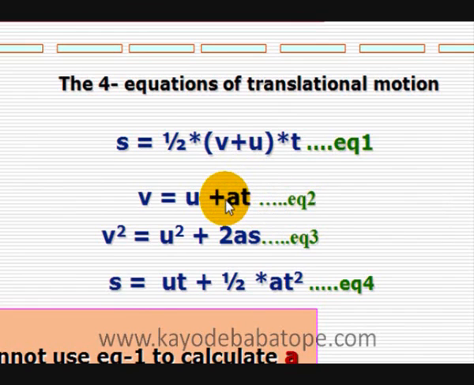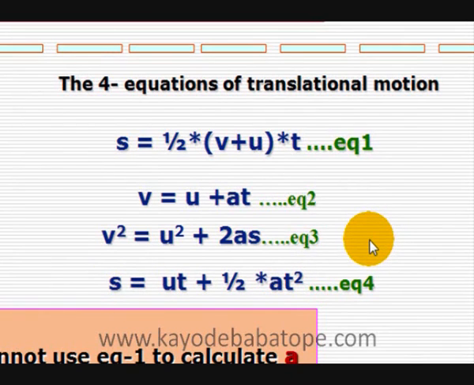So you can't use equation 2 because there will be 2 unknowns. What about equation 3? You can't use equation 3 because it does not even contain velocity. We are supposed to calculate final velocity, and final velocity does not even show up in this equation, so you can't use it. Secondly, if final velocity showed up, time is in this equation and you don't know the value of time, so this equation is inadequate.